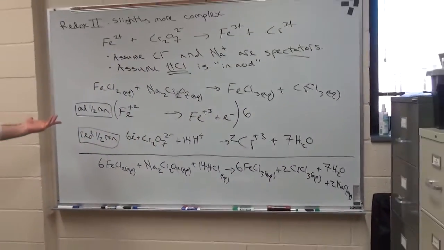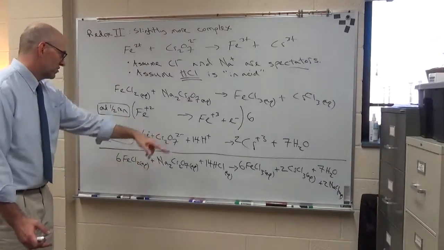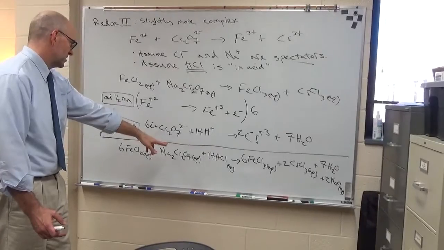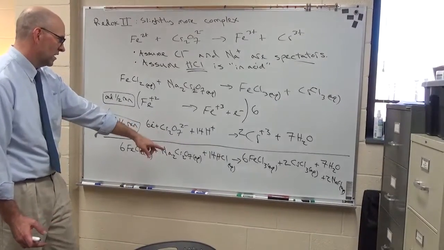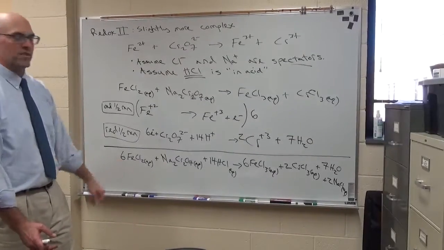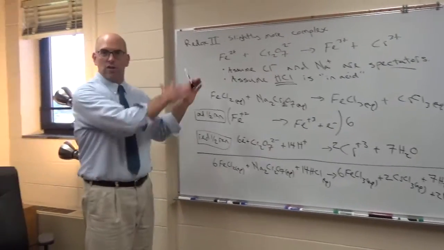So it has to work. Sodium, there's 2 on each side. Chromium, there's 2 on each side. Oxygen, there's 7 on each side, yes. And then 14, yeah, so that works. Did you get all that?